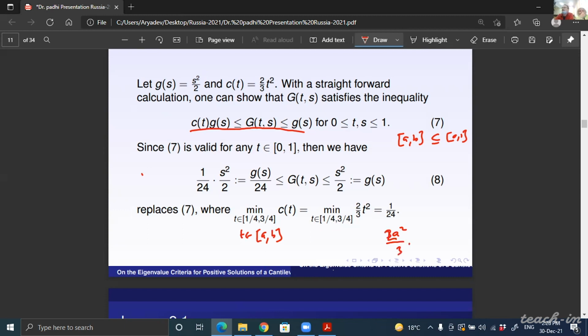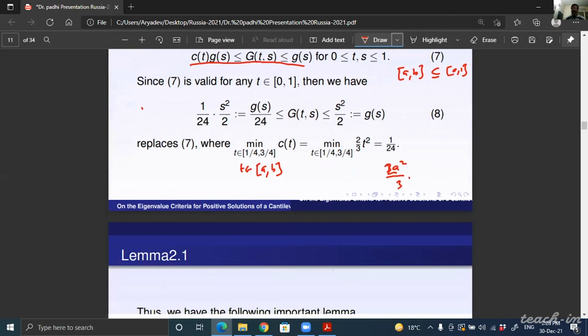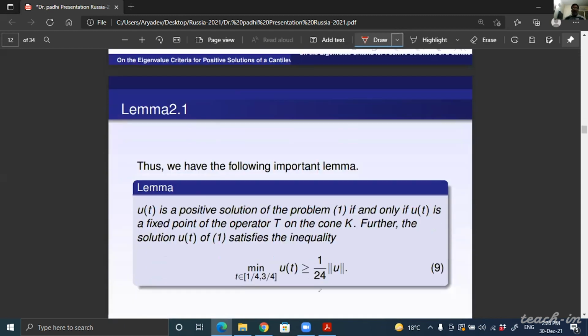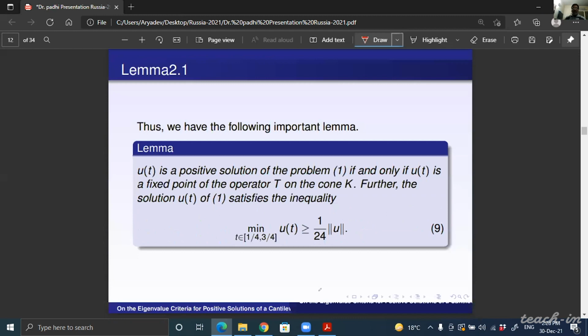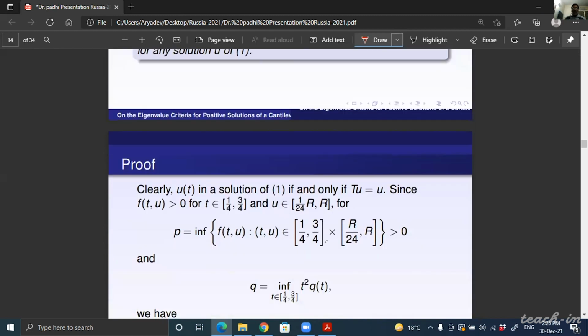Yes, when the minimum value of T is A here. And the result we obtained here works for, here we have written this intentionally from 1/4 to 3/4. I've considered 1/4 to 3/4. We can obtain the result for A to B also, subset of 0 to 1. But it has been proved, I don't remember the author, in a paper published in the Electronic Journal of Differential Equations in the year 2015, I think.